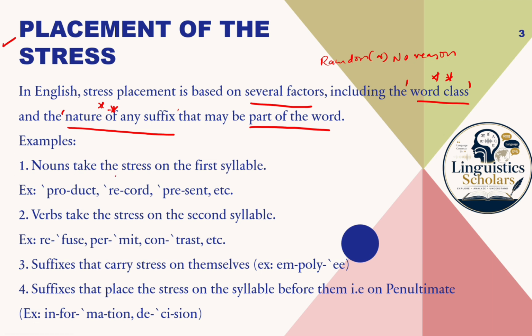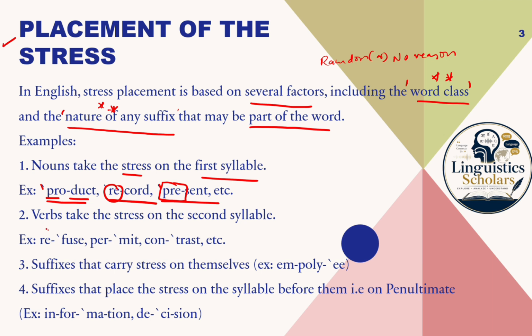Basically, nouns take the stress on the first syllable. As you can see in this example, in the noun product, the stress falls on the first syllable. In the noun record, the stress falls on the first syllable re. In the noun present, the stress falls on the first syllable pre.